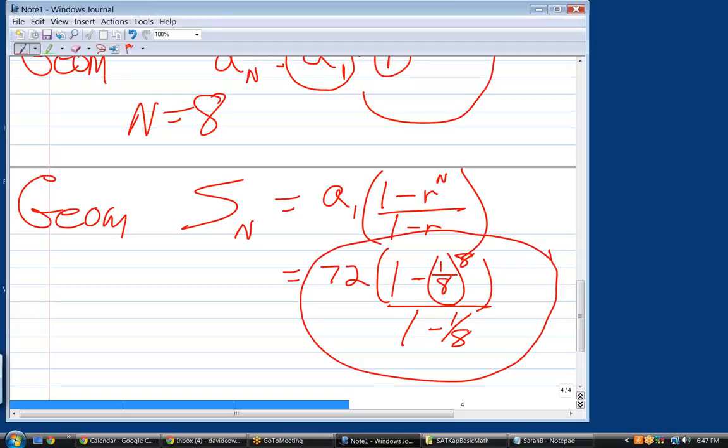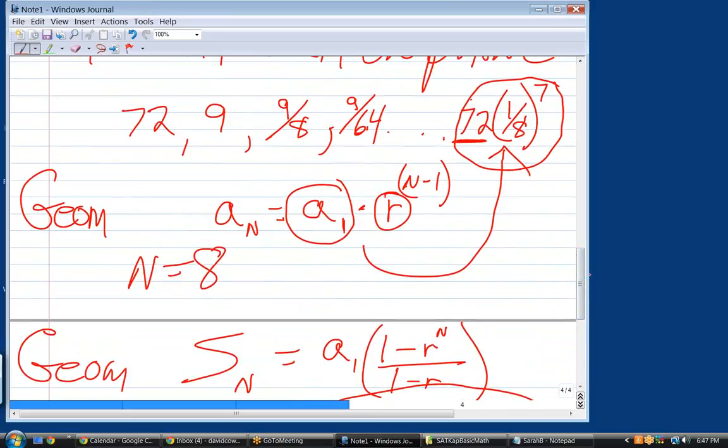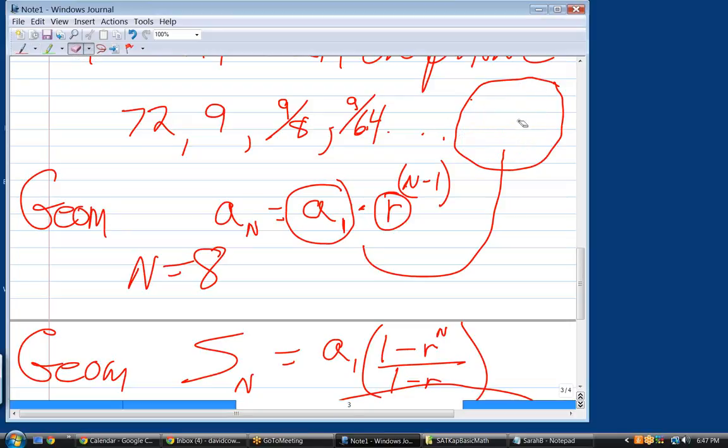Now, if they would not have been so kind, in fact, put this in your calculator. Take 1/8 to the 7th power, multiply it by 72, and what do you get? Let's make this problem tougher. Oh my goodness, that's a really big number. No, it shouldn't be.